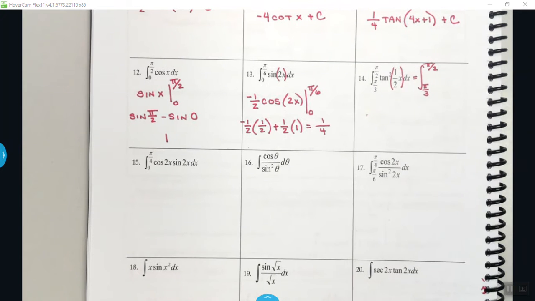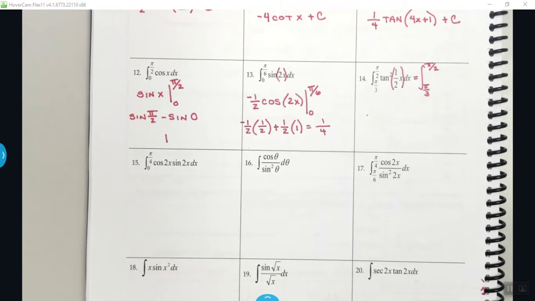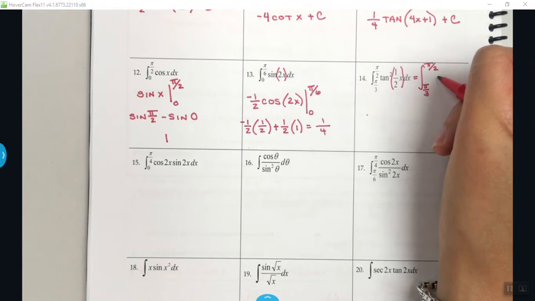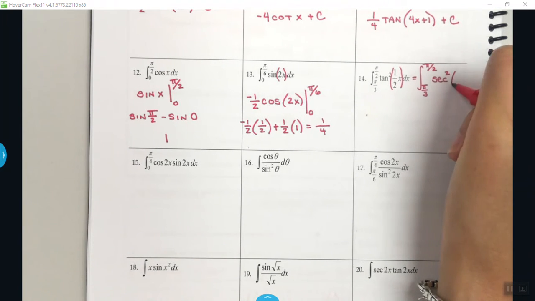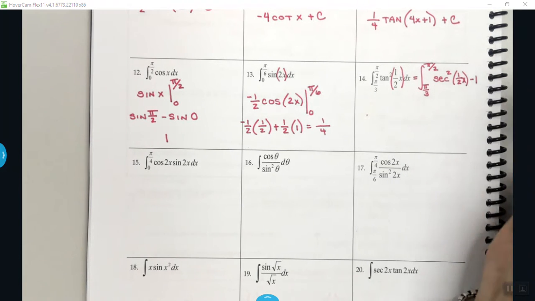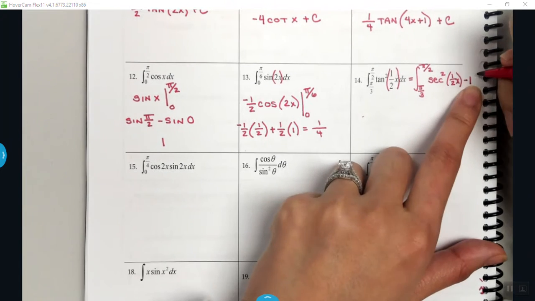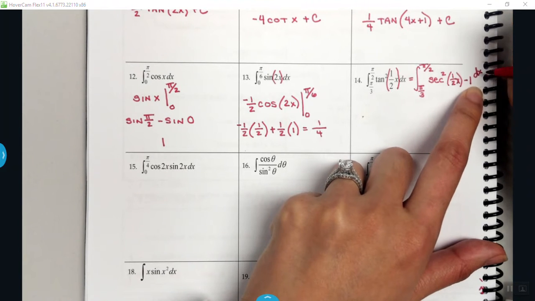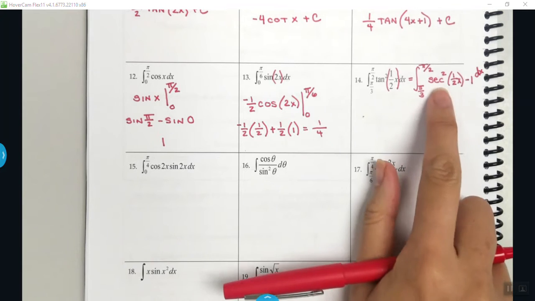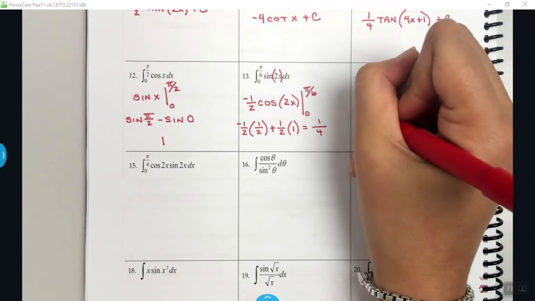What does tangent squared equal? Secant squared minus 1. Yes. Secant squared minus 1, right? Yeah. By a Pythagorean identity, and you know the integral of secant squared, so this would be 2.